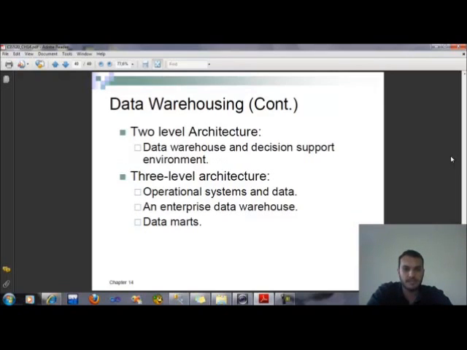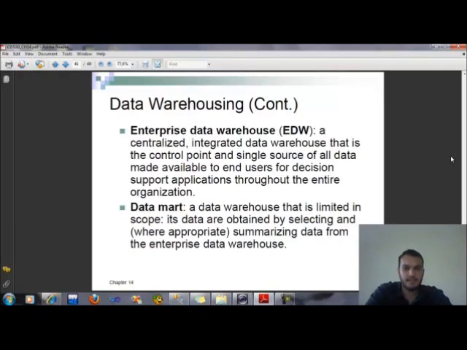And again, we can look at data warehousing: the two-level architecture is the data warehouse and decision support environment, and the three-level architecture is the operational systems and data, an enterprise data warehouse, and data marts.